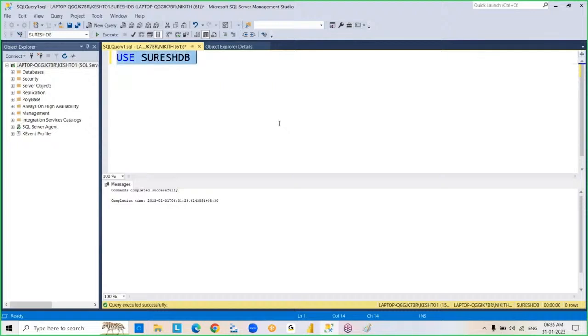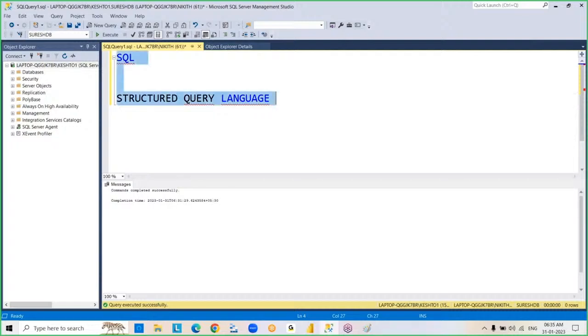In the same way, the language we are going to use is the SQL language. SQL stands for Structured Query Language. This is the common language for database development. By using the SQL language only, we are going to develop different databases.